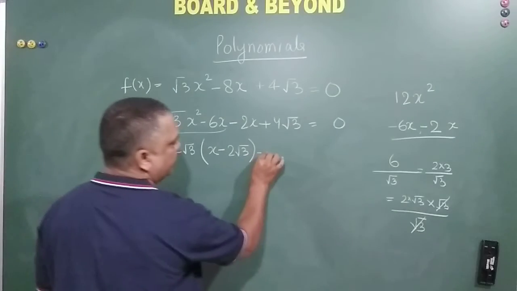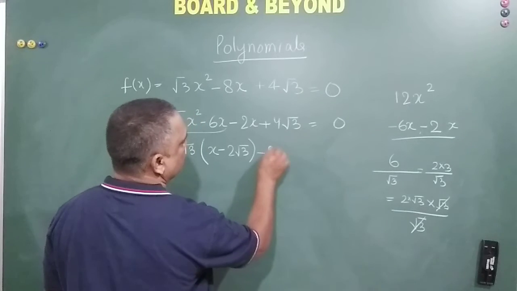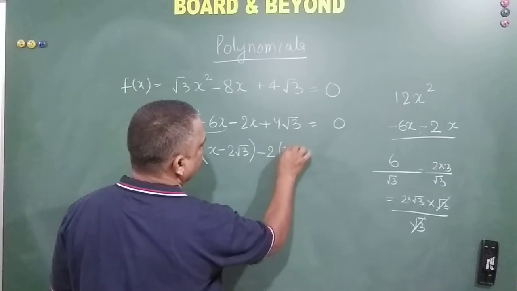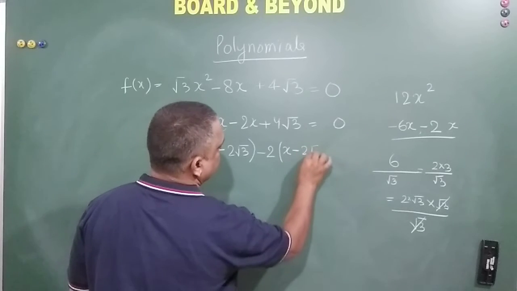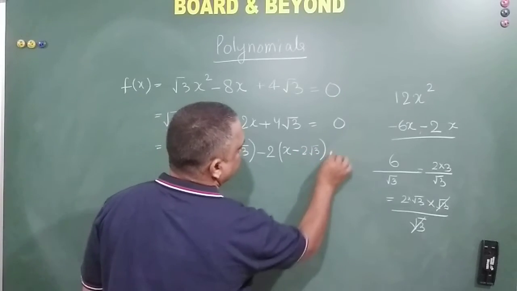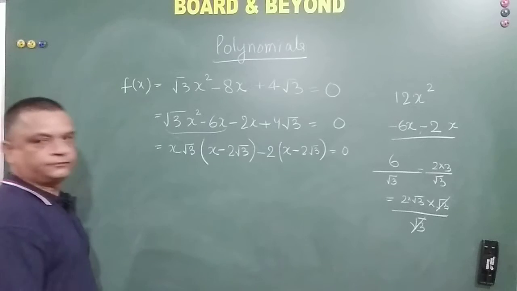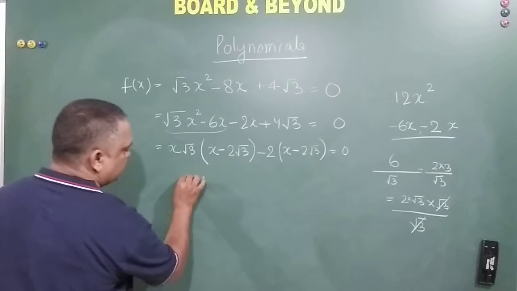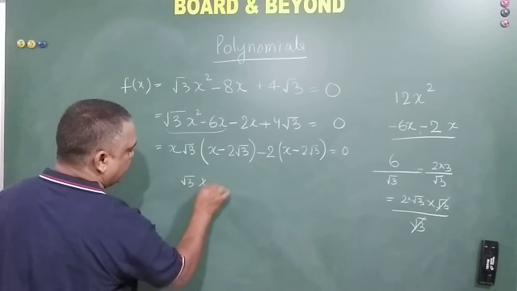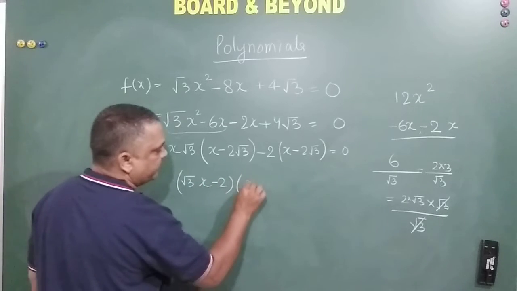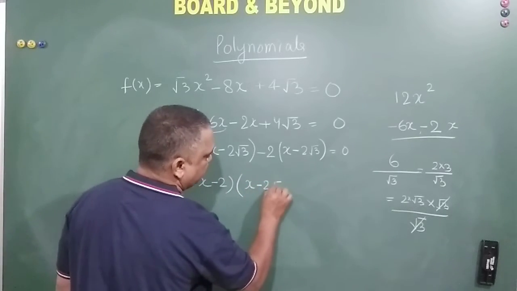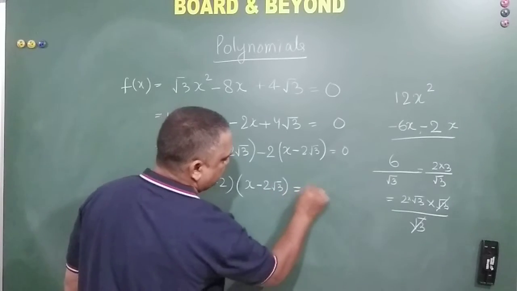Minus, let's take 2 common here. This leaves me with x minus 2 root 3 is equal to 0. Now this is root 3 x minus 2, one factor. Another factor is x minus 2 root 3 is equal to 0.